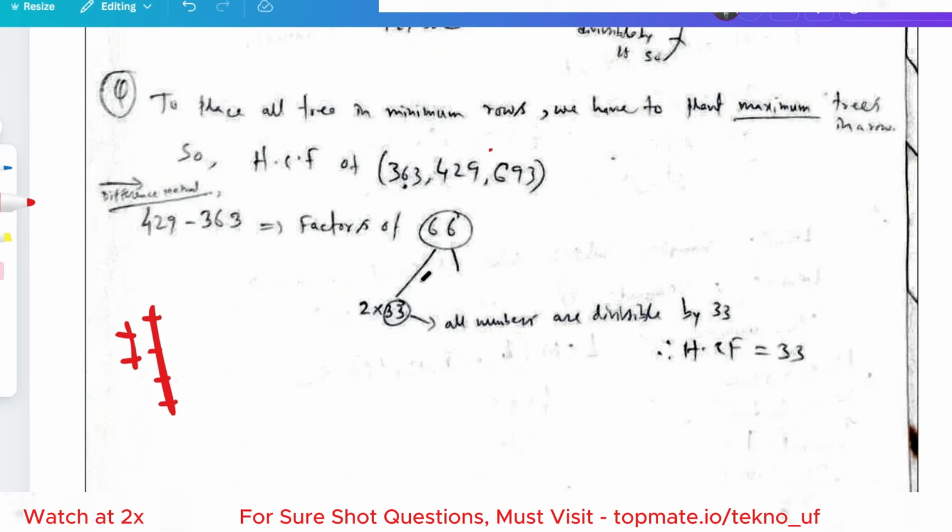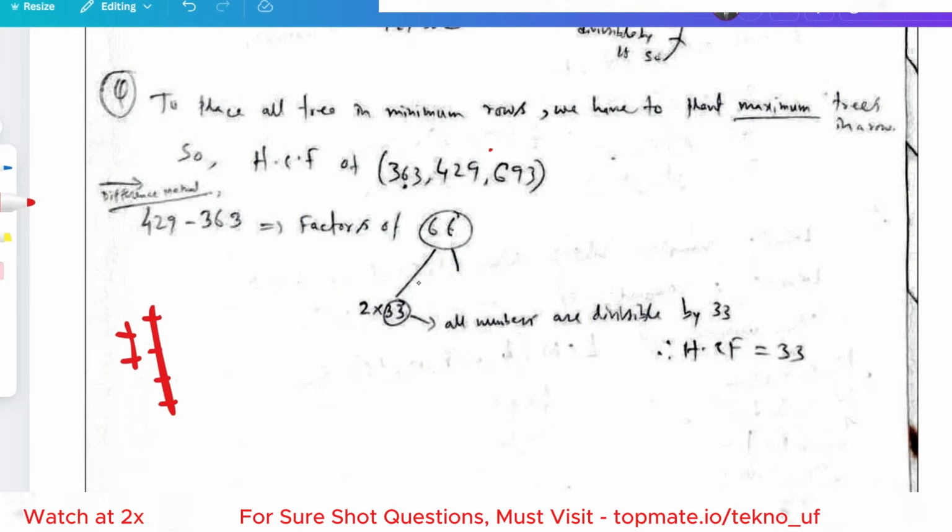If you have to get the common, then you have to go with the HCF of these numbers. As they have mentioned maximum trees in a row, you have to go with the HCF of these numbers. If you want the least difference, then 429 and 363 will give the least difference, that is 66.